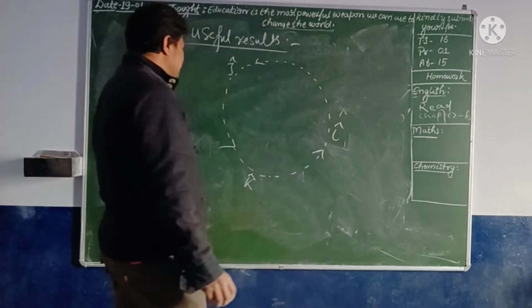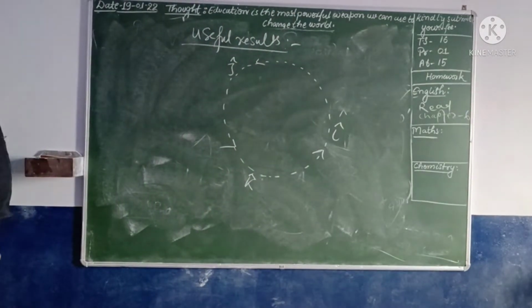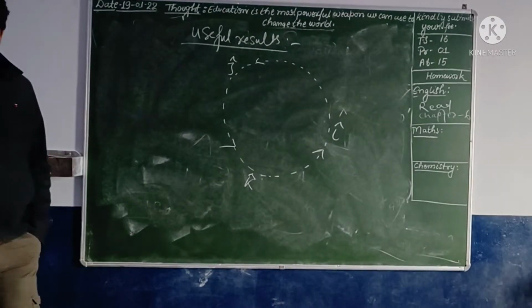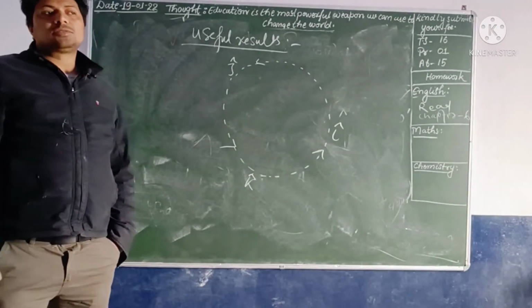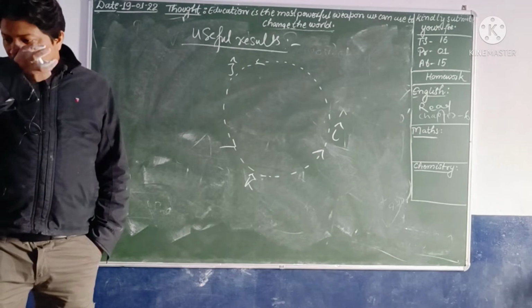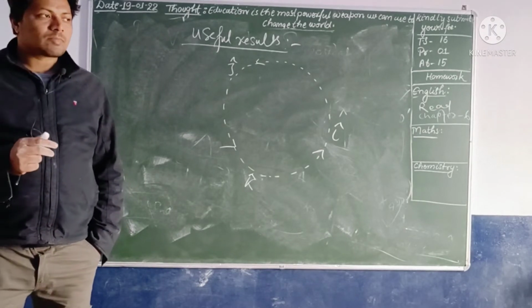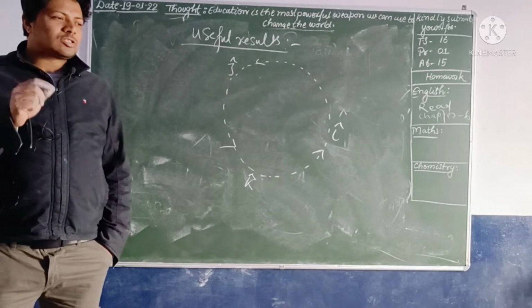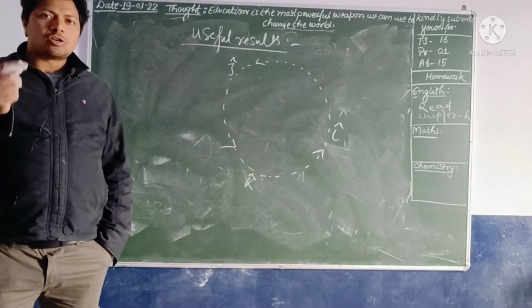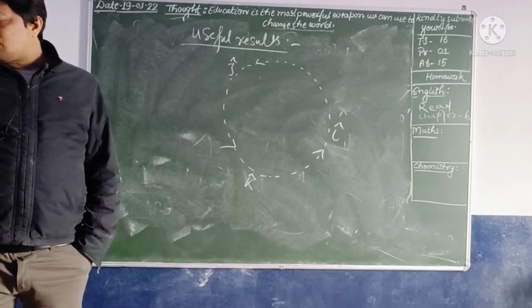So what we have? Simply, when you can talk about the cross product of the vectors, I cap cross I cap, j cap cross j cap, and k cap cross k cap.